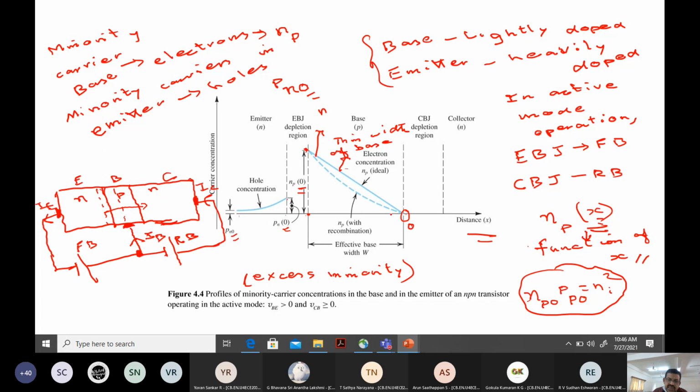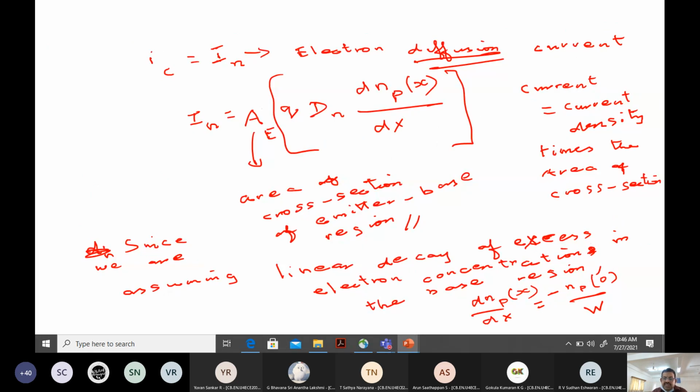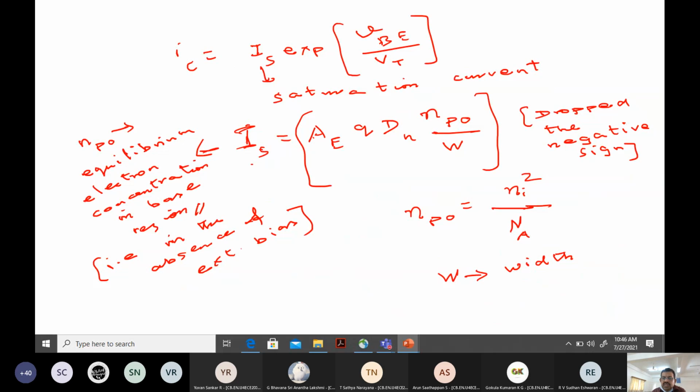So the width decreases, and the effective width of the base is even smaller than the actual width with which the device was constructed. For all practical purposes, you can take the width as given in a problem. Okay, so that is about it.